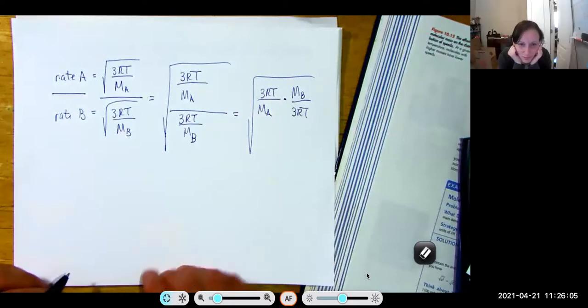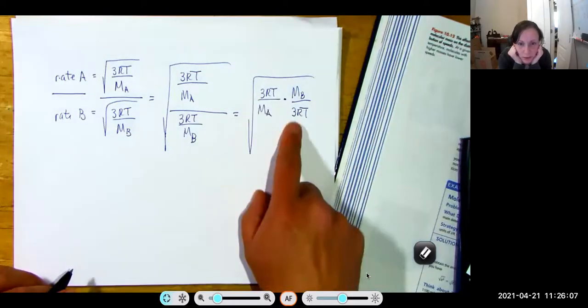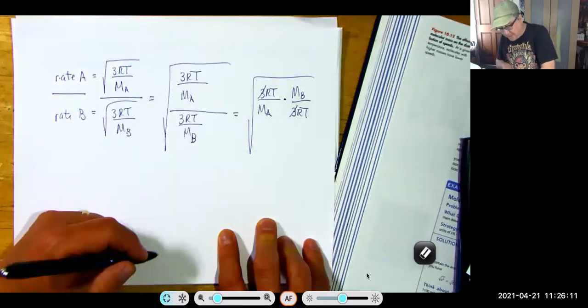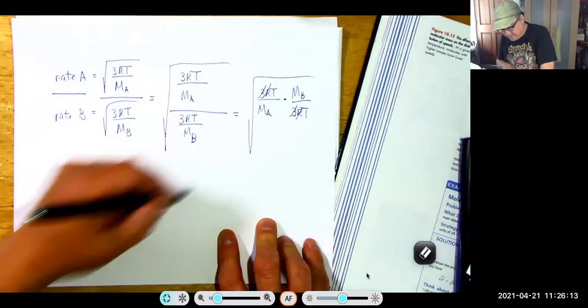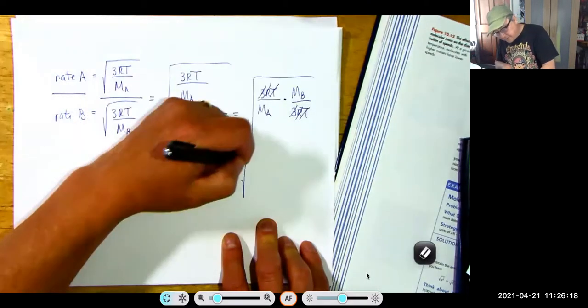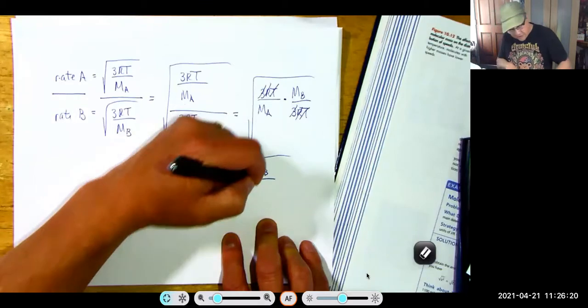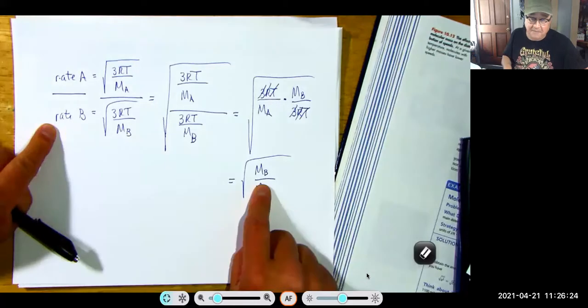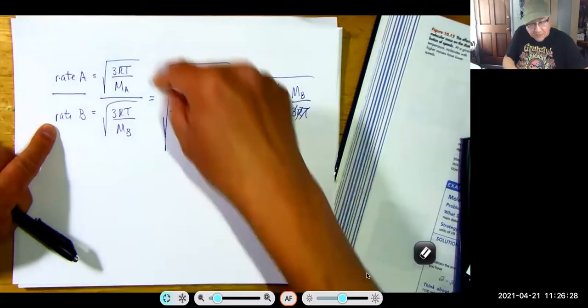Okay, so what happens to the 3? Cancel. What happens to the R? Cancel. What happens to the T? Cancel. So this becomes the square root of the molar mass of B over the molar mass of A. So here, even though the rate of B is on the bottom, the molar mass ends up in the top because of the way this equation is written here.